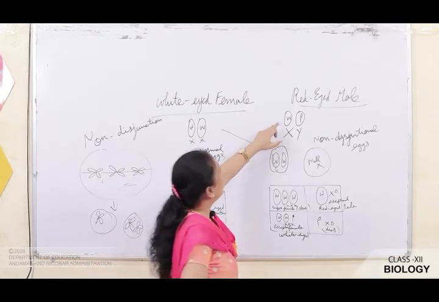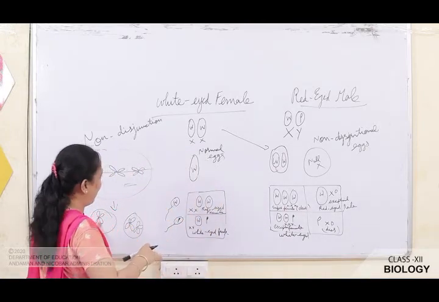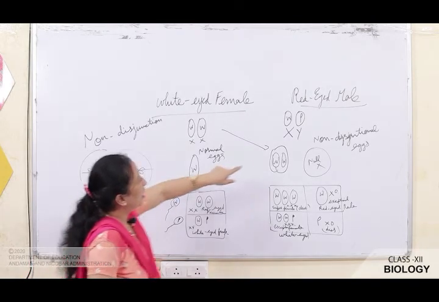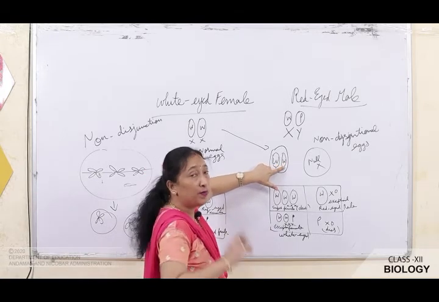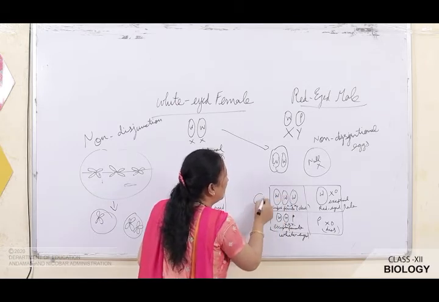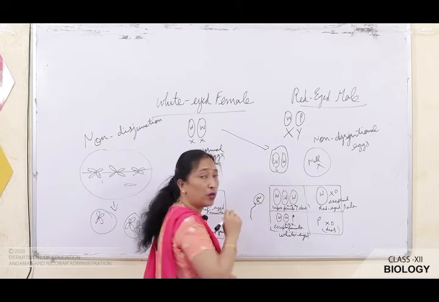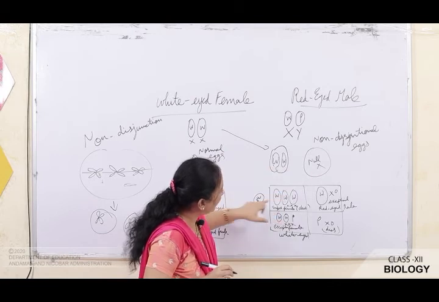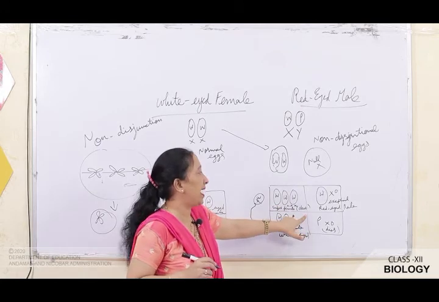And here, when non-disjunction goes, that's what I said, in one gamete a normal egg went, and in another gamete an extra chromosome goes. If one more X chromosome of the Drosophila goes, it becomes XXX, a super female, and hence it will die.